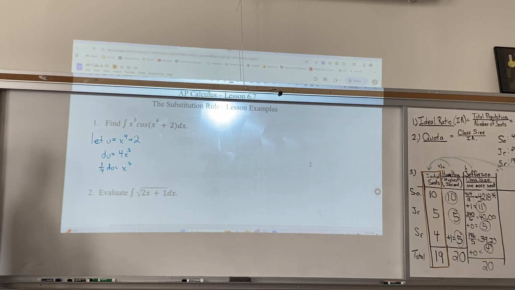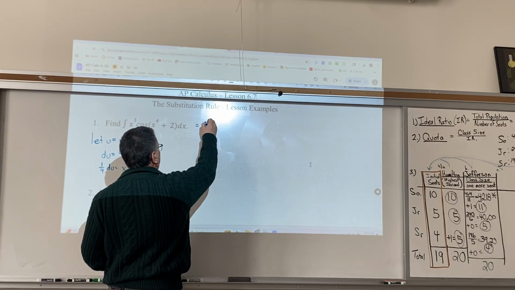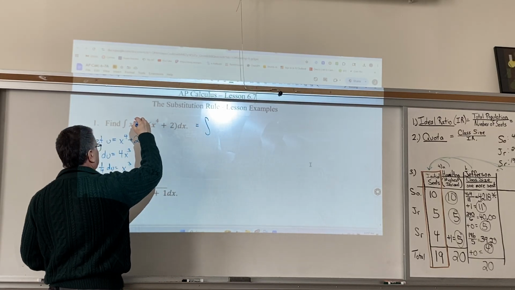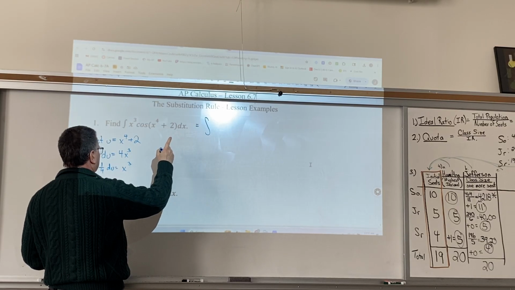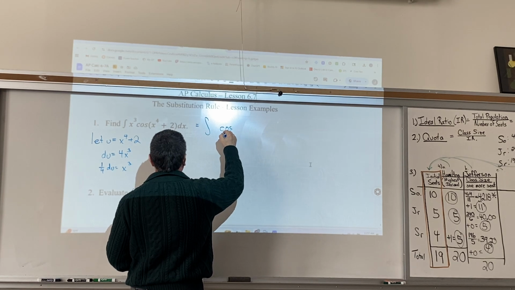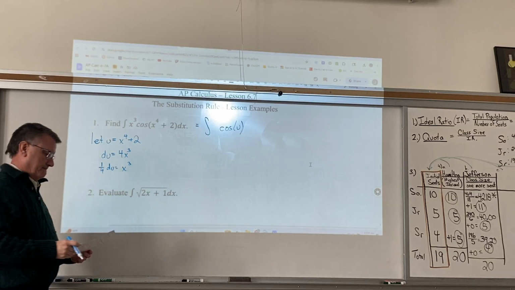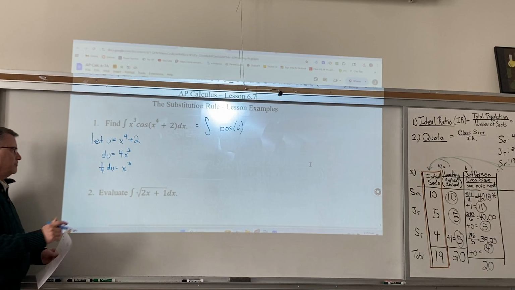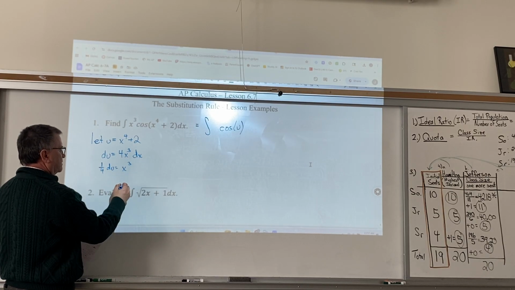Then I can rewrite this integral with the u. Here's what I've got. This will equal the integral. Sorry, oops, sorry. I probably did this. I took that derivative in terms of x.